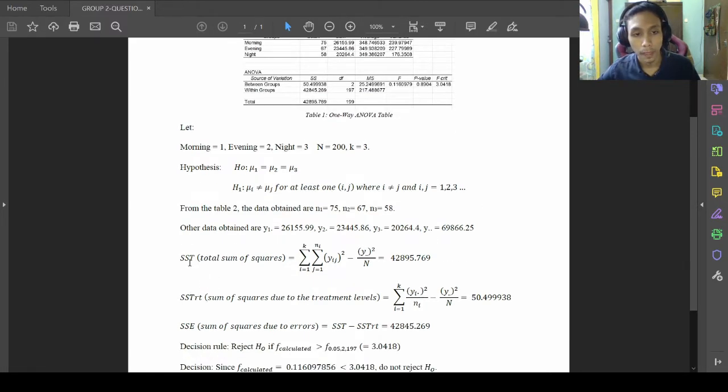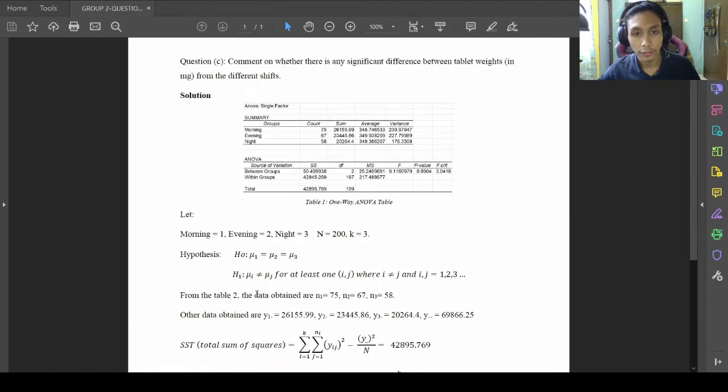For the SST, SSTRT, and SSE, we need the values already obtained from the one-way ANOVA table, which are the sum of squares total, sum of squares treatment, and sum of squares error.